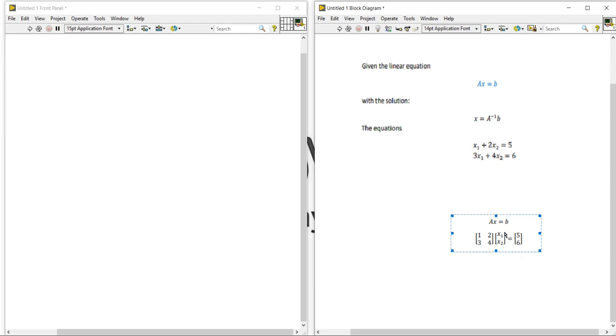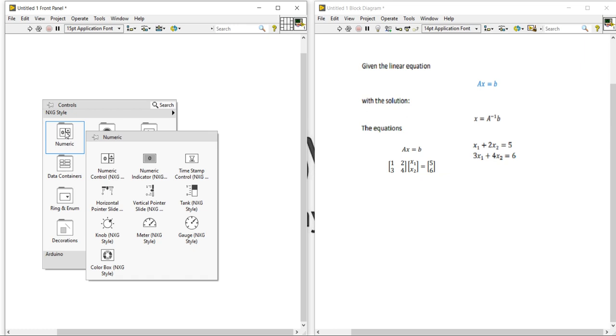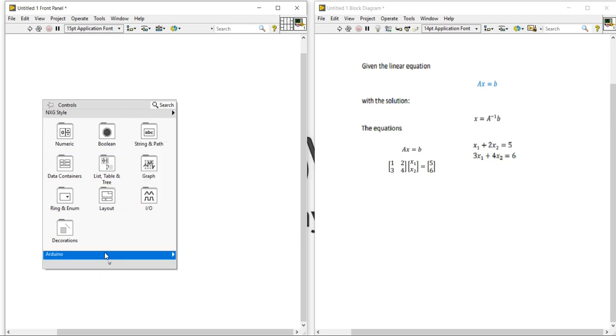To solve this we need two matrices. Let's take two matrices as per this equation.